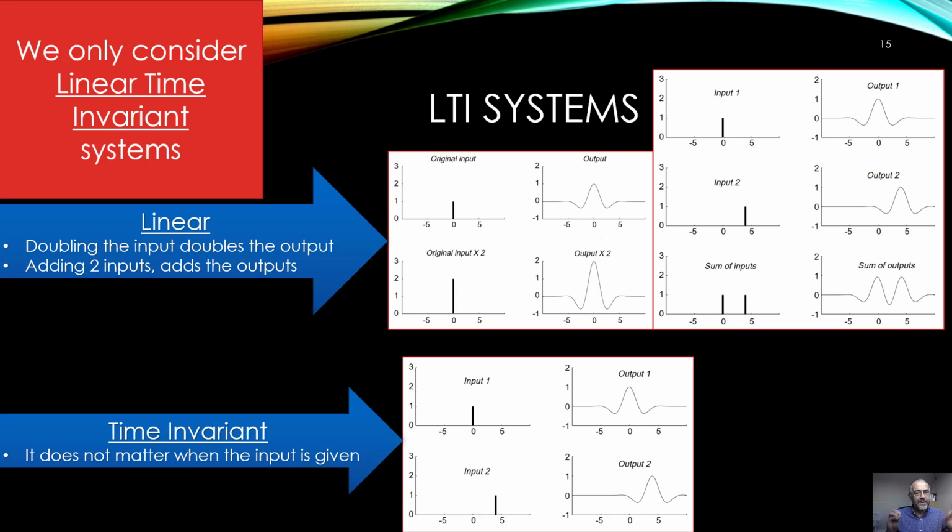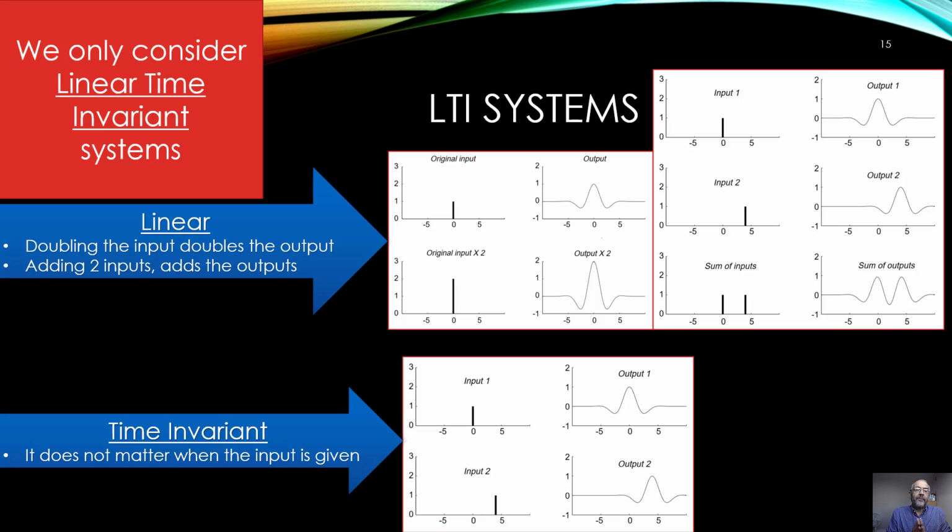So that's the combination: it should be linear and it should be time invariant. Linear means basically if you double the input, you double the output, and if two inputs are added, then the outputs are added. Exactly what you would expect from linear.